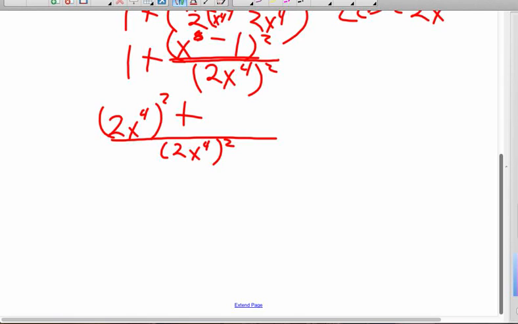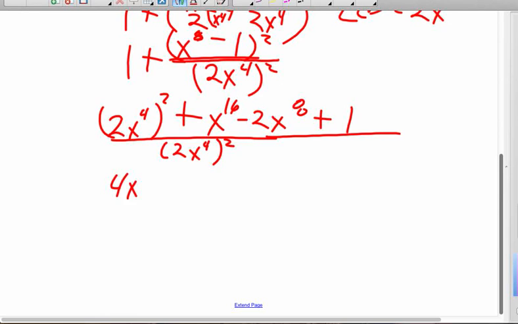When I expand that, I'm going to end up with x to the 16th minus 2x to the 8th plus 1. Or, when I square this, it's going to give me 4x to the 8th plus x to the 16th minus 2x to the 8th plus 1.